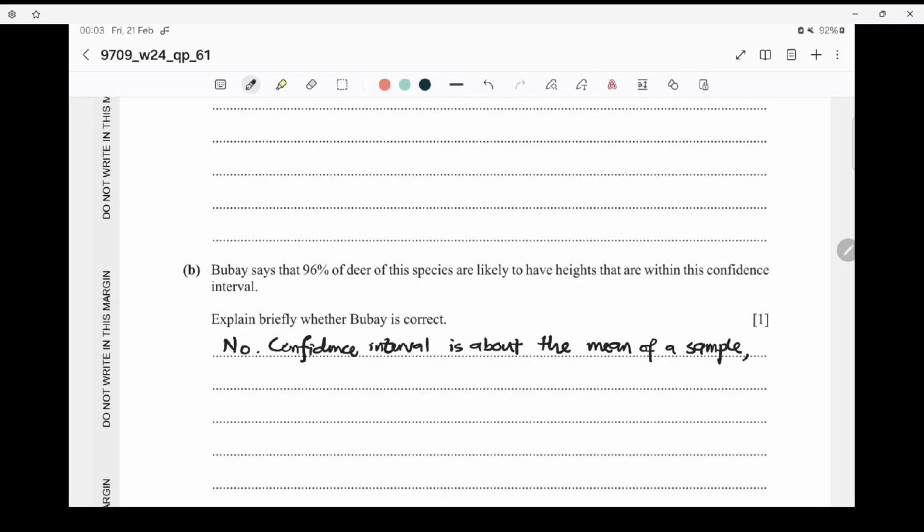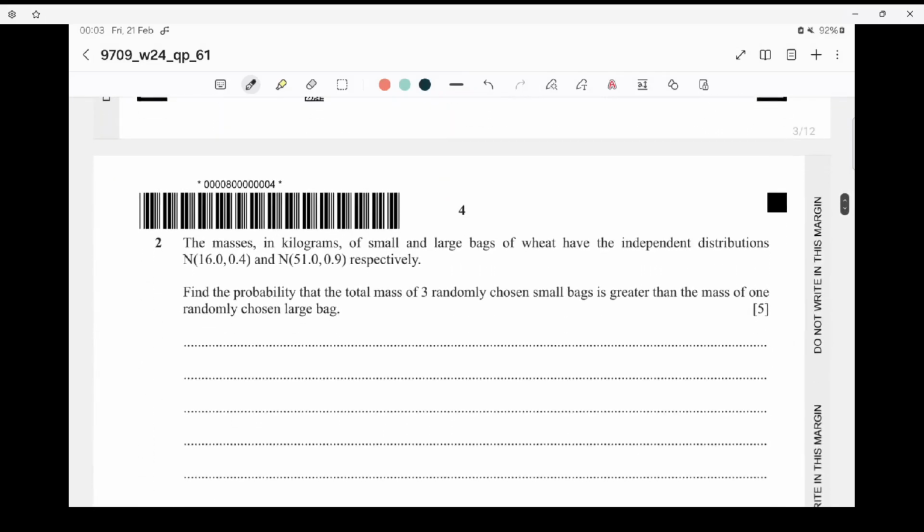This does not mean that if you take the whole population, 96% will have heights within this confidence interval. So that's the answer. It's just a 1 mark question.